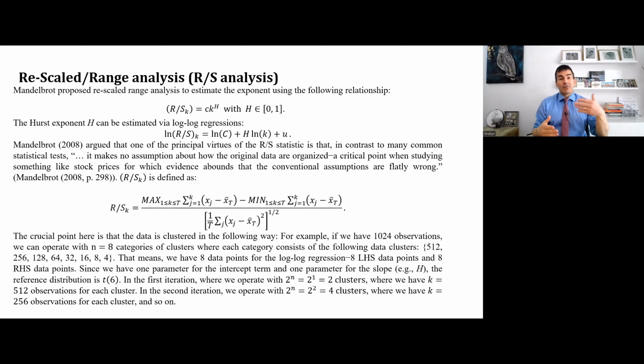On the left-hand side of the equation, we have the rescaled range statistic for cluster group K, and on the right-hand side, we have a constant C times K, the size of the cluster group, to the power of H. H defines the so-called Hurst exponent.